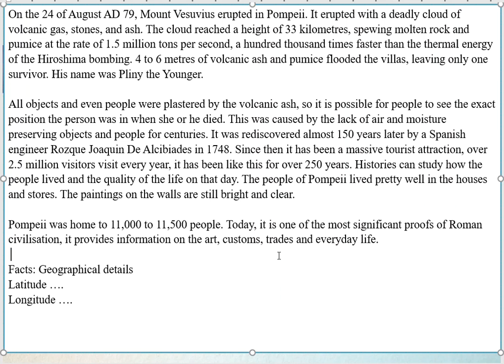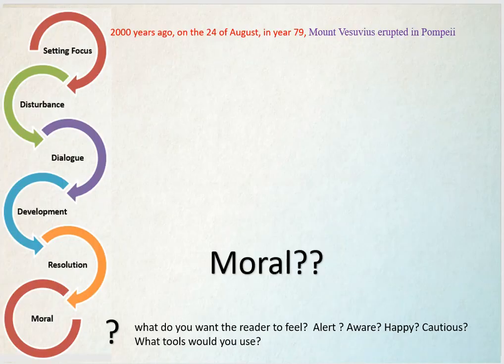So it's very important when you finish the text to think about the moral of the story. Why did you tell the story? What did you want the listener to feel? Alert, aware, happy, cautious, sad, whatever.